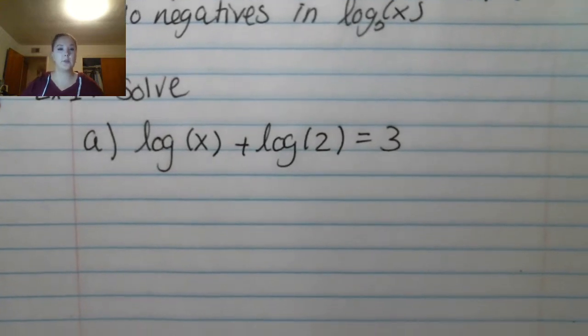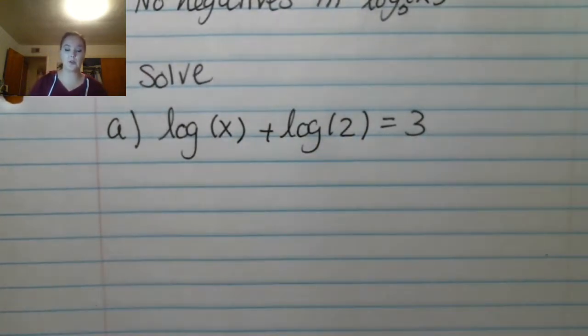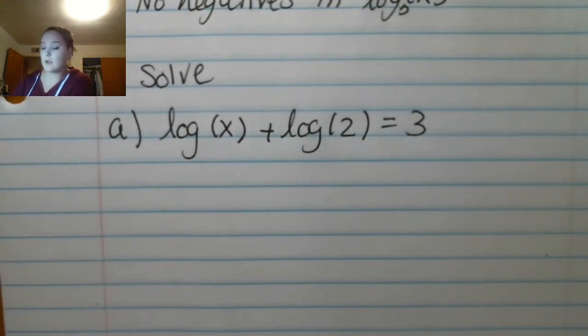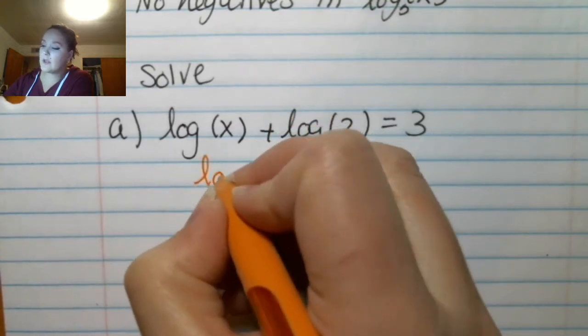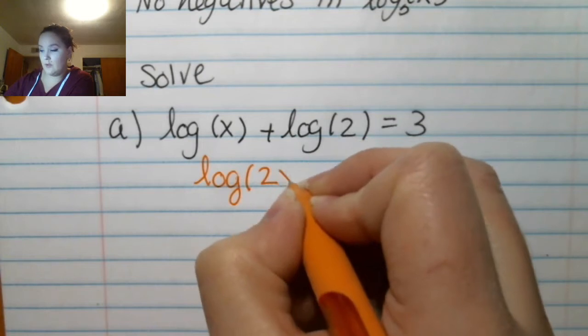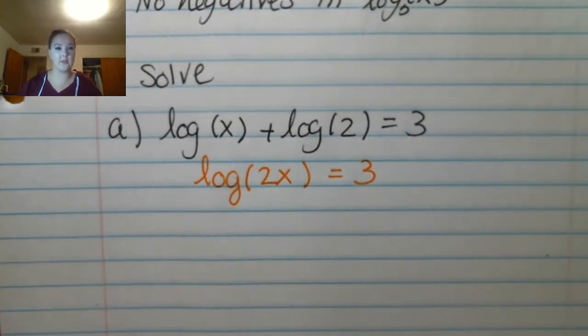The first thing we're going to do is use our log properties to combine these two terms into a single log. Well, we know that when we have a sum of two logs, we can rewrite this as a product. So it's going to be log base 10 of x times 2, or 2x. And now we have a single log.